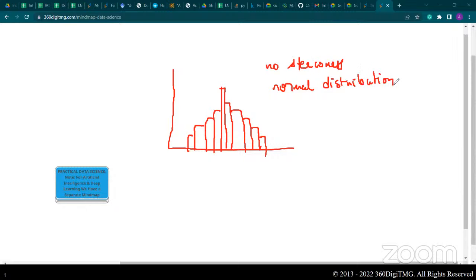So a normal distribution is quite important for the next point. And the next point is known as kurtosis. All right.